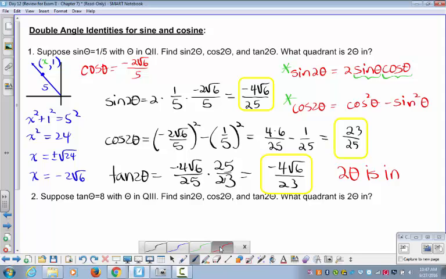Everyone agree? Quadrant 4? So the cosine of this angle is positive, so we're on the right. The sine of this angle is negative, so we're on the bottom. Tangent is negative, so we're also on the right with that one. But these two is enough right there. All right, so we're in quadrant 4, because cosine is positive and sine is negative. Quadrant 4.